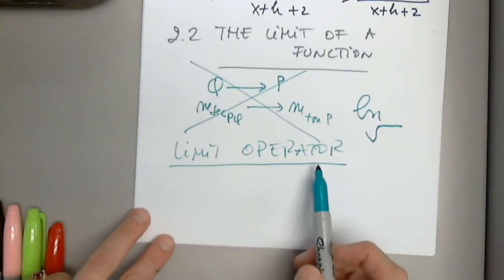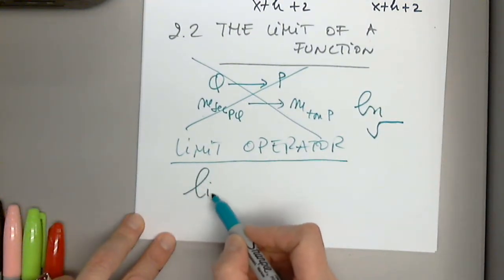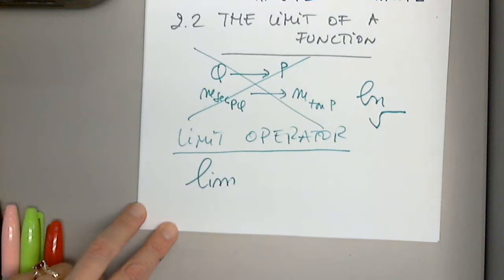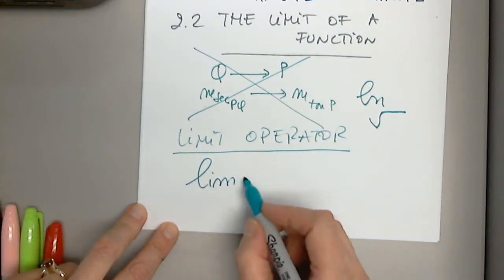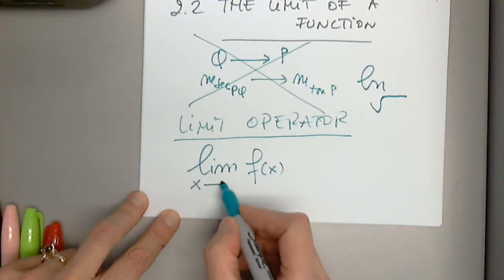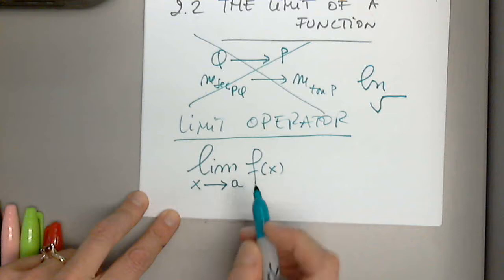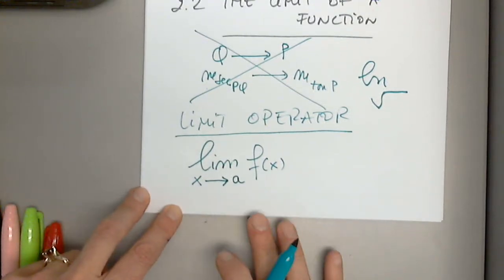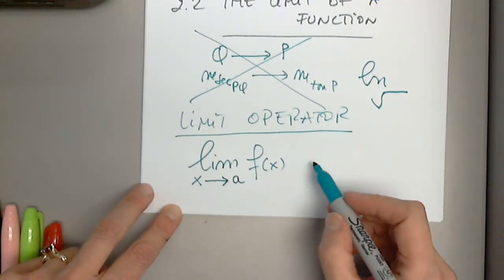Okay, the limit operator is something like LIM of a function, let's say limit of f of x, when x approaches a. So one more time, let me put in writing how we read this.